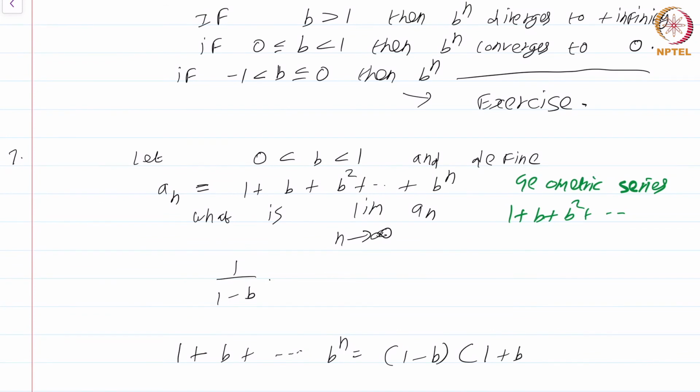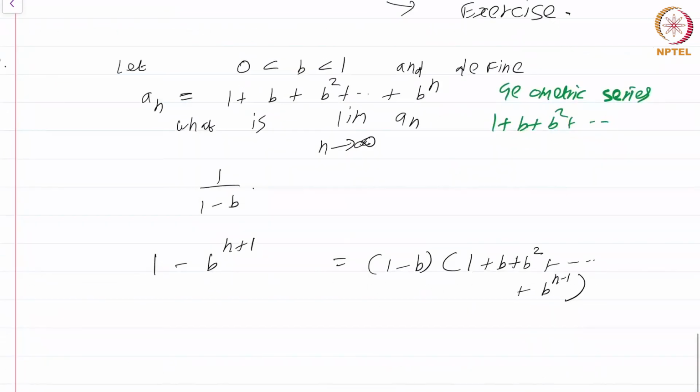Plus b^2, plus ... b^(n-1). Okay, I made a slight mistake. What I want to say is that 1 - b^(n+1) is actually equal to (1 - b) times (1 + b + b^2 + ... + b^n). In fact, this is all the way up to b^n.